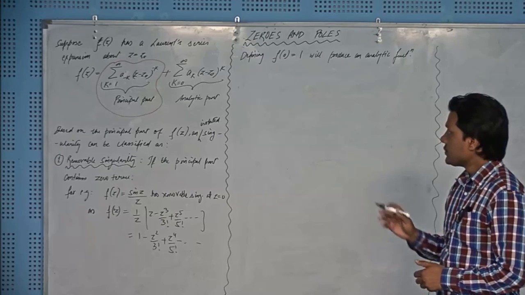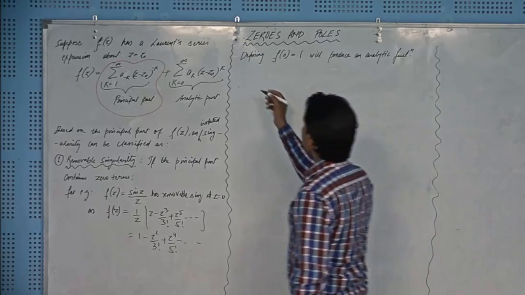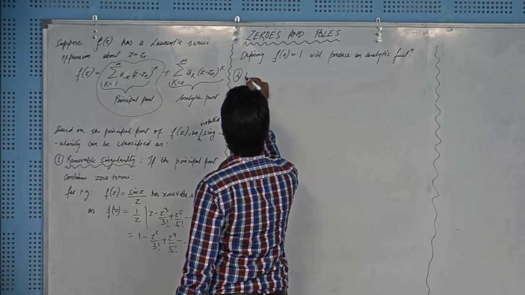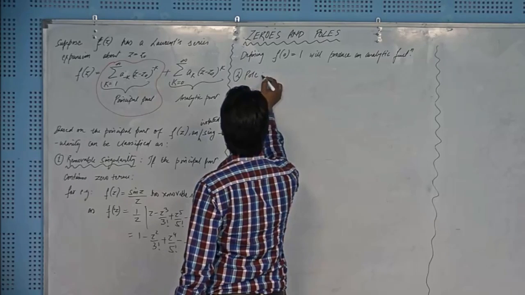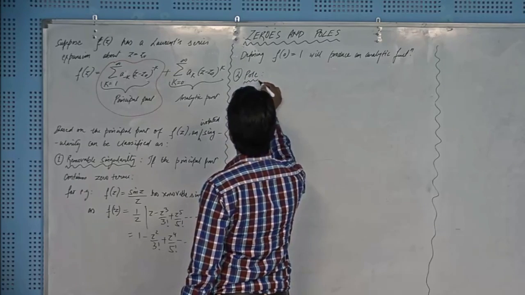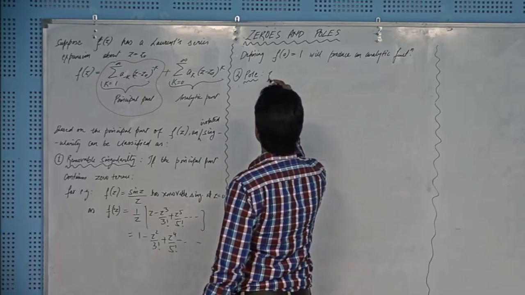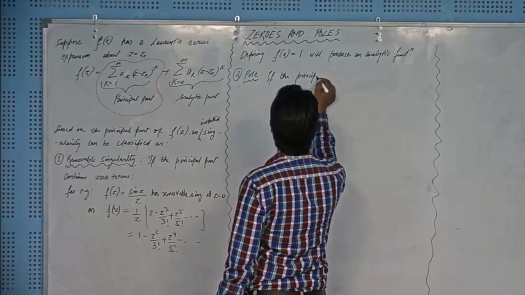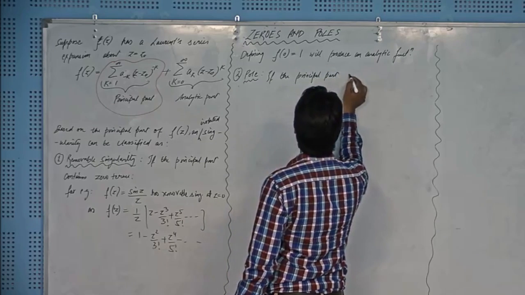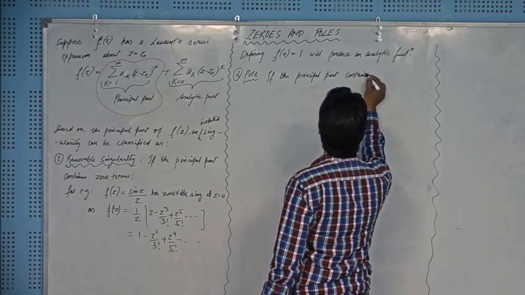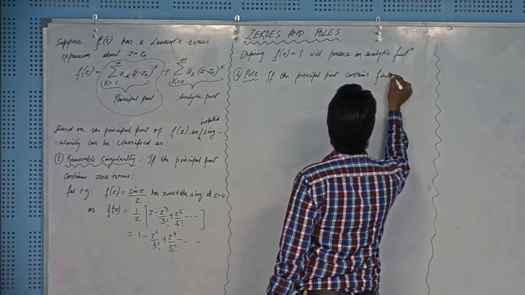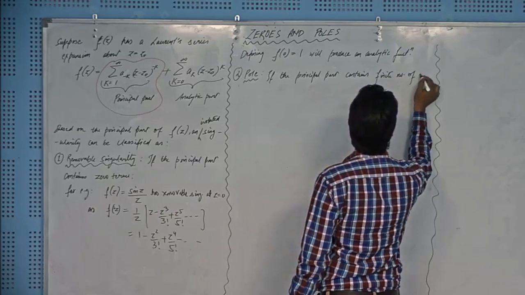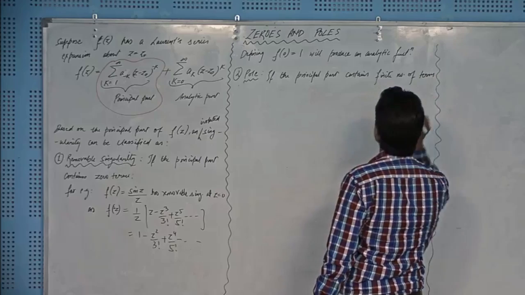Okay. So second category is pole, right? And what is a pole? If the principal part contains finite number of terms.